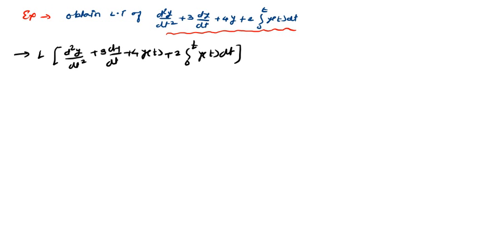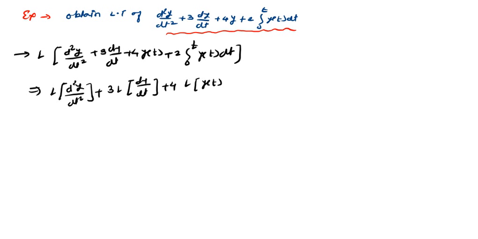Now by the linearity property, this will be L of d2y by dt square plus 3 Laplace of dy by dt plus 4 Laplace of y of t, plus 2 Laplace of the integral 0 to t y of t dt.